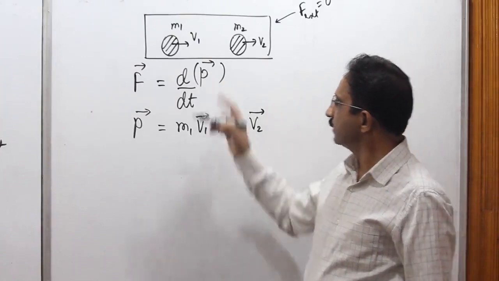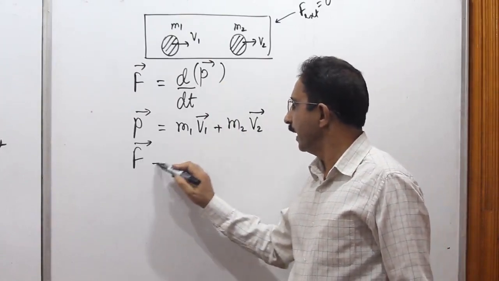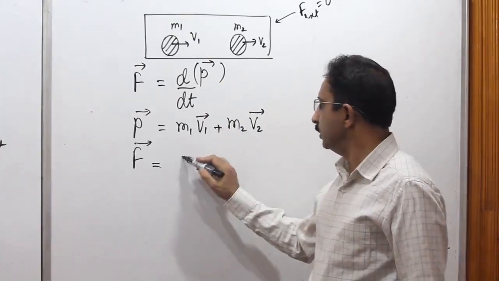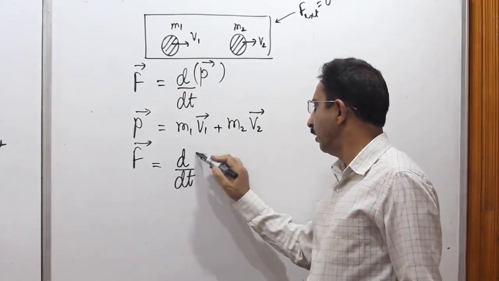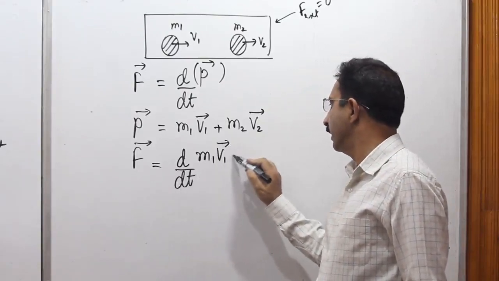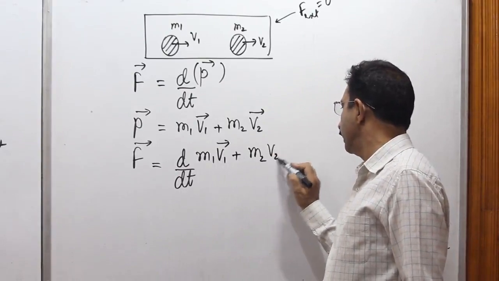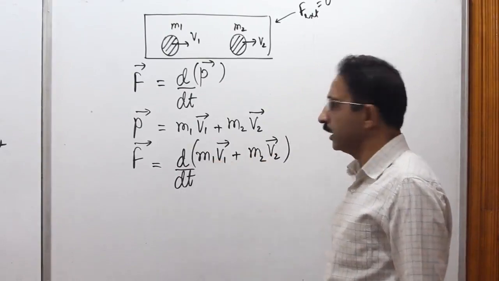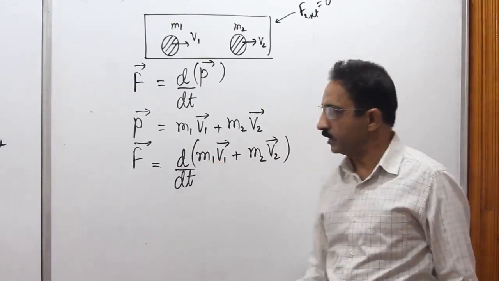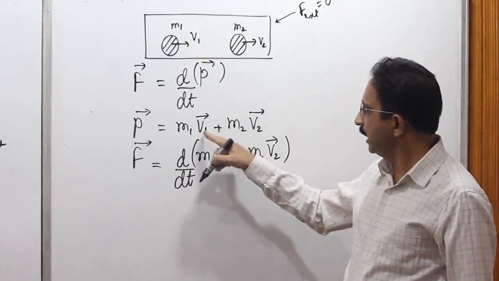And as such, I substitute it here. I say F is equal to d over dt of m1 v1 plus m2 v2. So I have taken the total linear momentum of the system, which is the algebraic sum of the individual momentum.